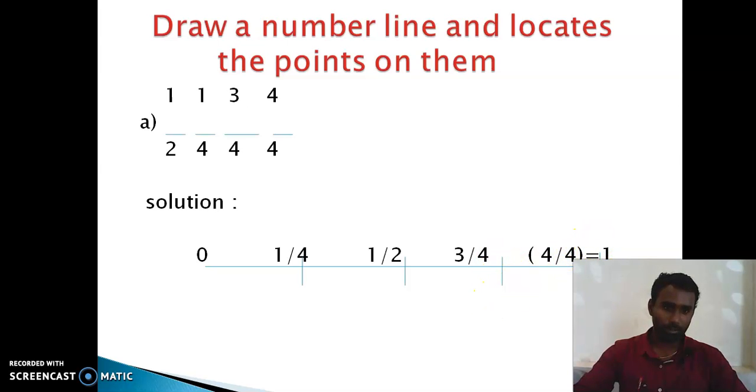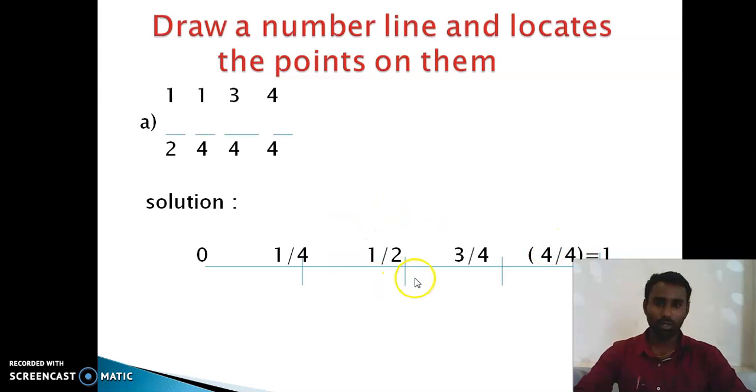So first one 0, the next line is called 1 by 4. The next line is called 2 by 4. Then why, sir, do we write 1 by 2? I will say, okay, the next line is 3 by 4, the next line is 4 by 4.